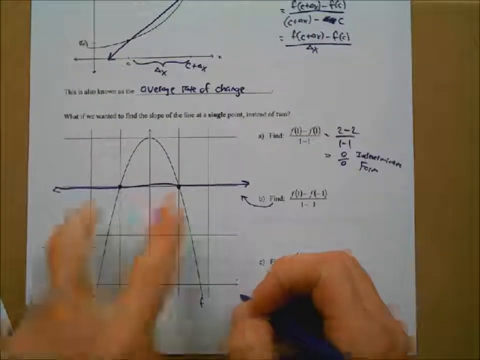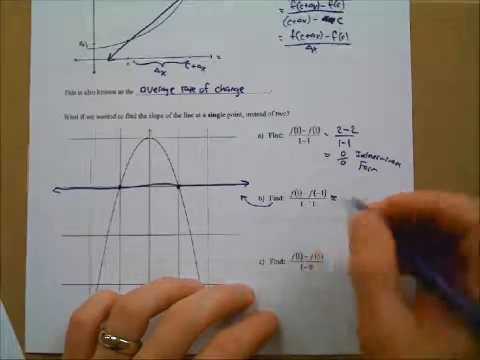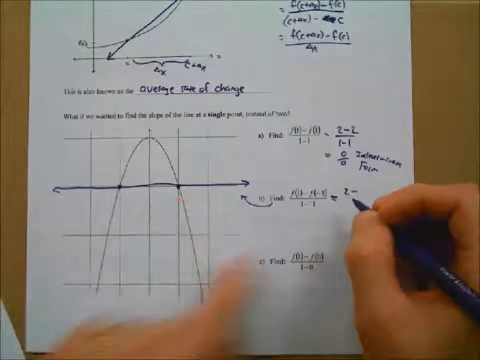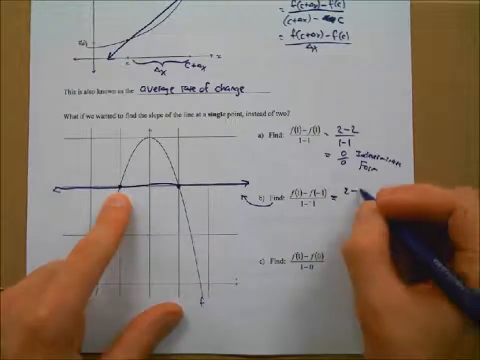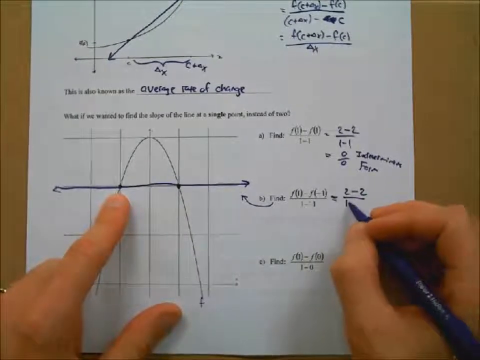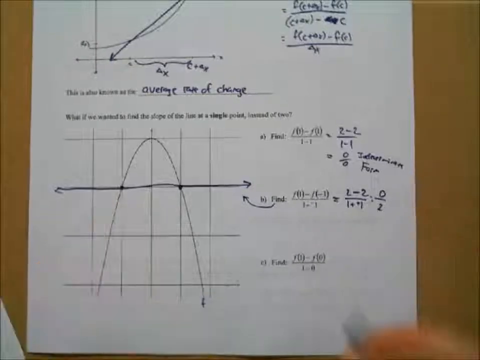So we'll use these 2 points. So f of 1 is 2 minus f of negative 1 is also 2 over 1 minus negative 1, which is positive 2. So you get 0 over 2, or the slope is just 0.